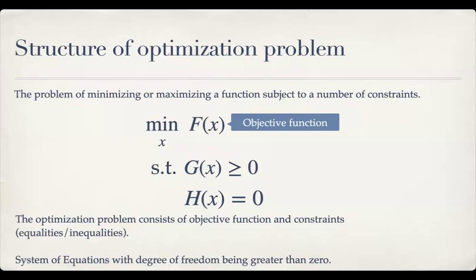And in order to achieve minimum f(x) or maximum f(x), it depends, we find the decision variables. We call it x. x can be a vector, okay, or a matrix.